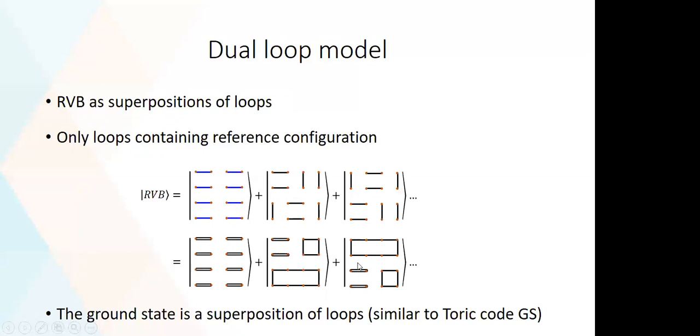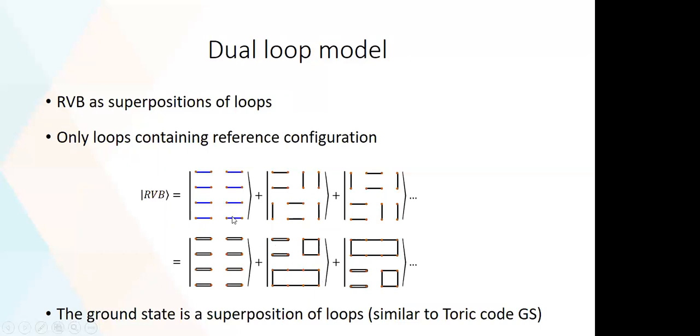For those of you who know it, this smells similar to the toric code ground state, which can also be represented as an equal superposition of all loops. Here it's a little bit more subtle because not all loops are permissible.